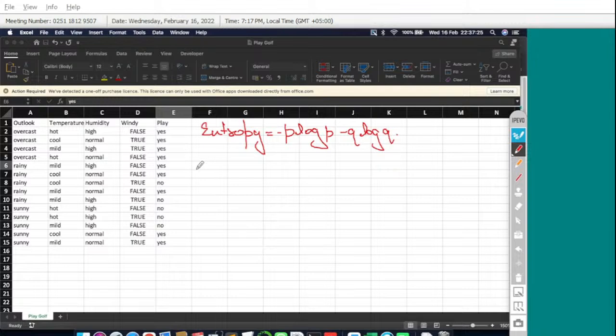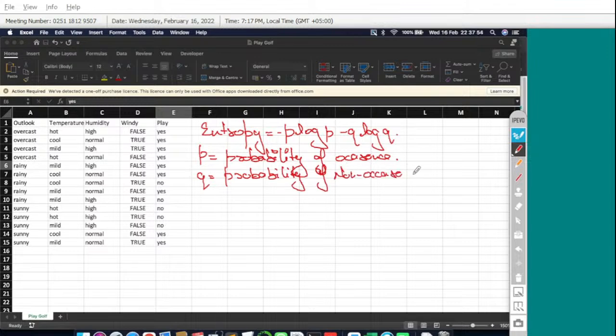Where P is the probability of occurrence and Q is the probability of non-occurrence. Clear? Yes, guys, clear? Everyone?